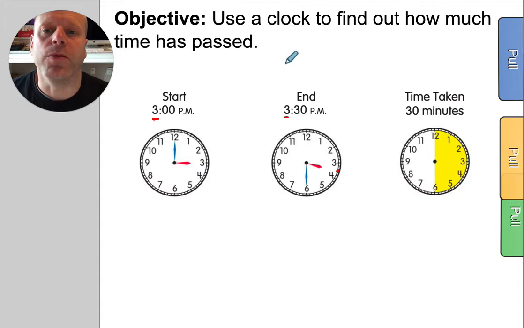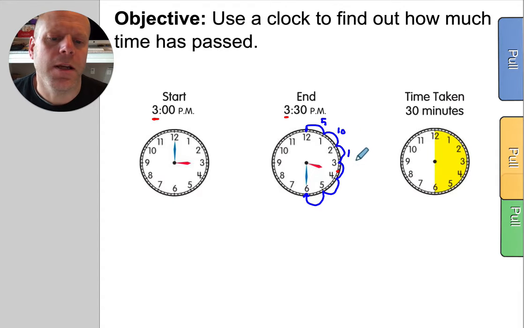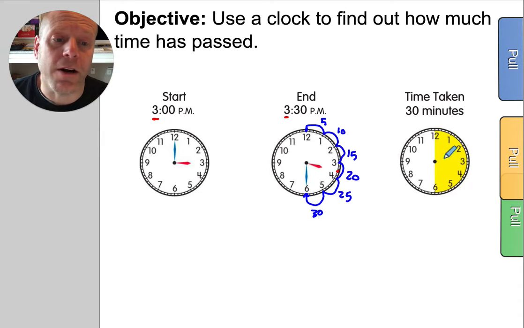And it went 5, 10, 15, 20, 25. There it is. I found the blue hand. It changed all those times. 30 minutes later. The time that was taken is this much time. Half the clock is 30 minutes when you're counting the blue hand.